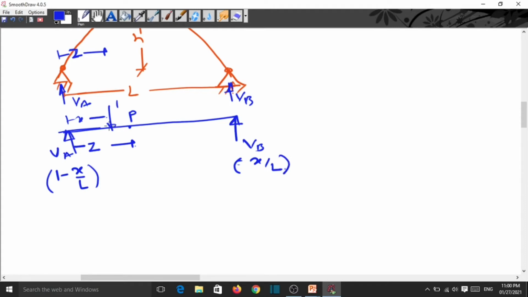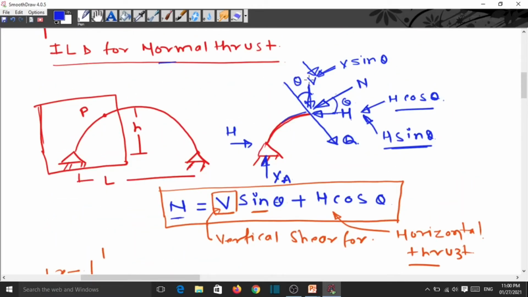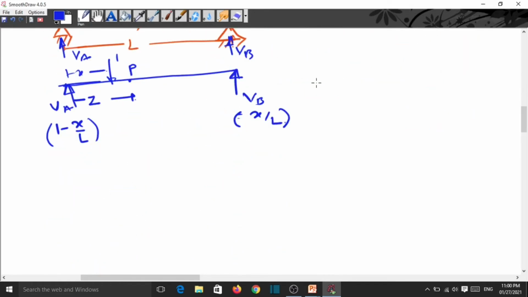So we are drawing the ILD first for this vertical shear force V as for a beam. This ILD is like this.